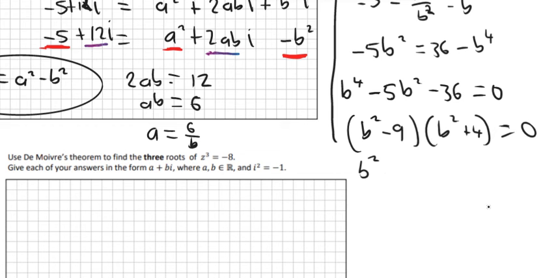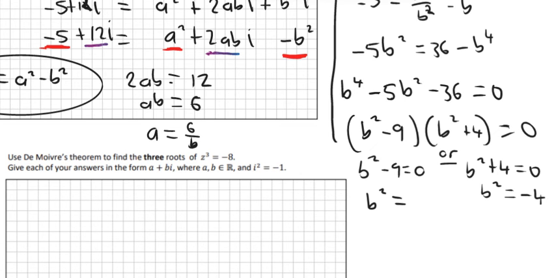Therefore b squared minus 9 is equal to 0, or b squared plus 4 is equal to 0. So b squared is equal to minus 4, or b squared is equal to 9.